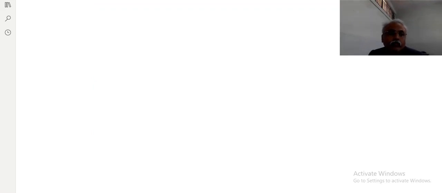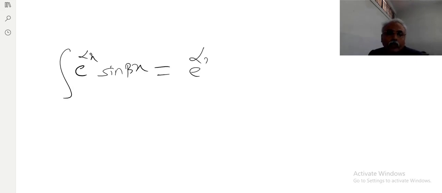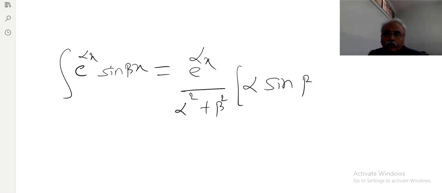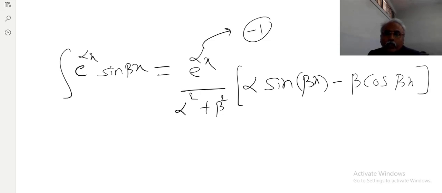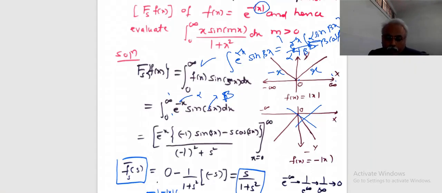Write down properly: e raised to alpha x divided by alpha square plus beta square into alpha sine minus beta cos. In the previous case, alpha has become minus 1 and beta has become s. Just replace that. Now let me go to the example.